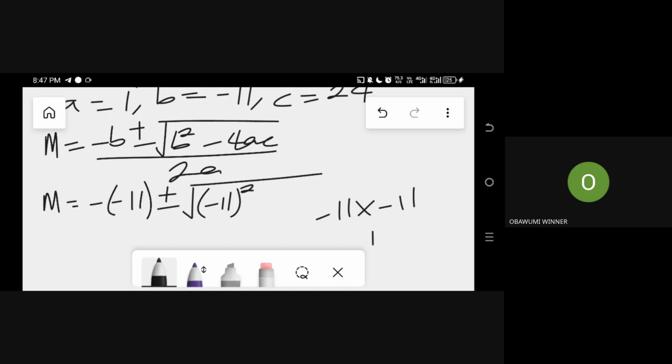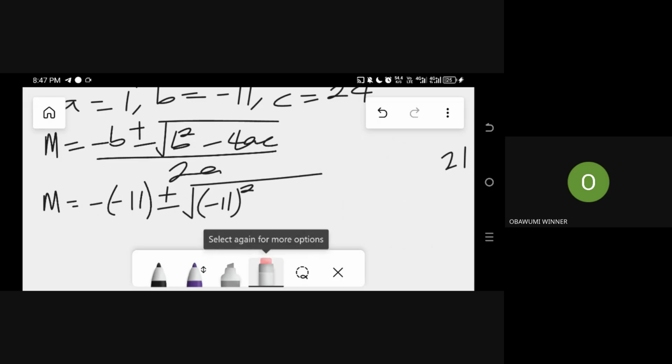So minus times minus is plus. 11 times 11 is 121. When you just punch it directly on your calculator, minus 11 squared, it will give you minus 121, and that's not correct. That's because you left out the minus and you're only squaring 11. So take note. That's why I put it in a bracket there, minus 11 close bracket square.